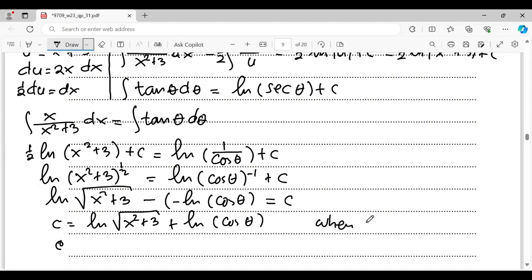okay, when theta equals 0, x equals 1. So c equals ln of square root of 1 plus 3 plus ln cosine 0.